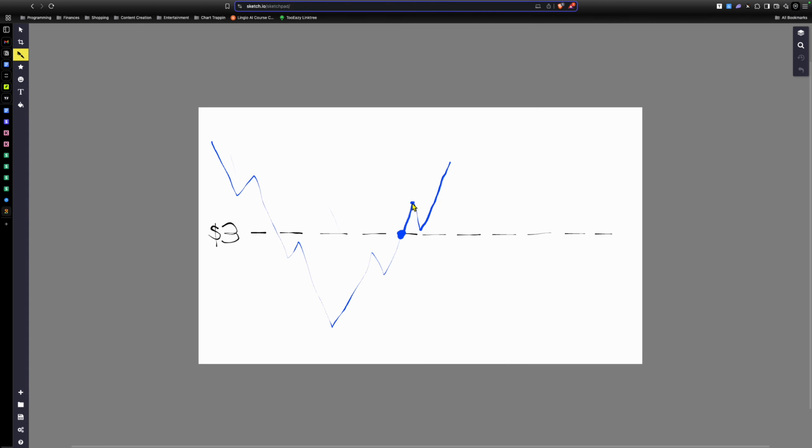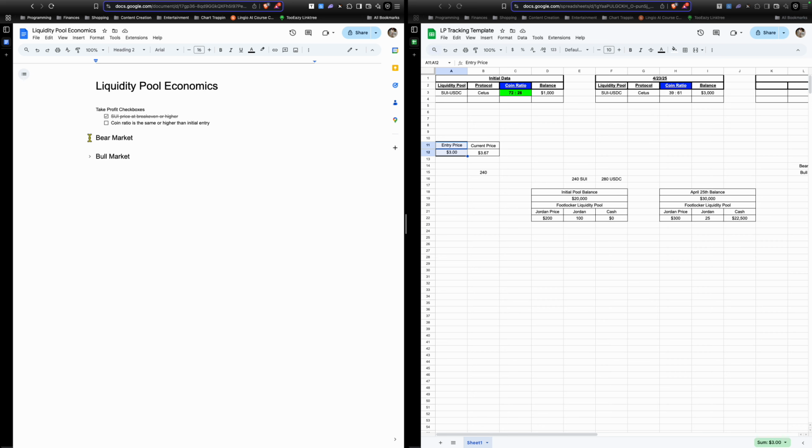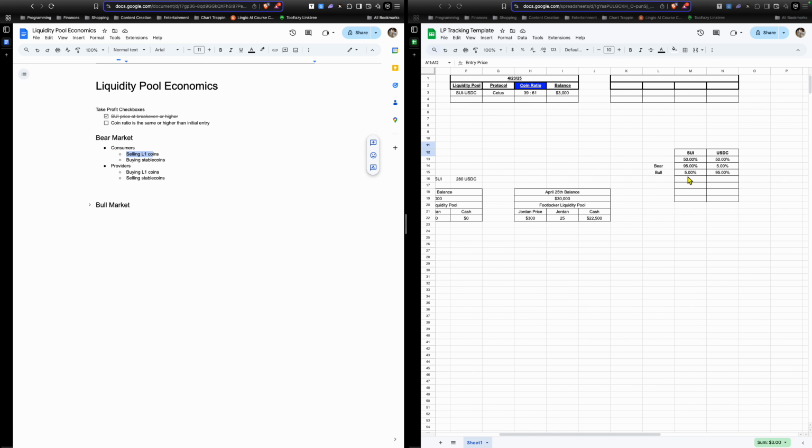When price goes above our entry and it drops back down to make a higher low, this higher low is gonna be our perfect take profit target, because during this little drop down, we'll start to experience the economics of a bear market, and people will sell their SWE and buy stable coins. They're gonna sell their SWE back into our pool, and as they do, the ratio of our SWE goes back up.